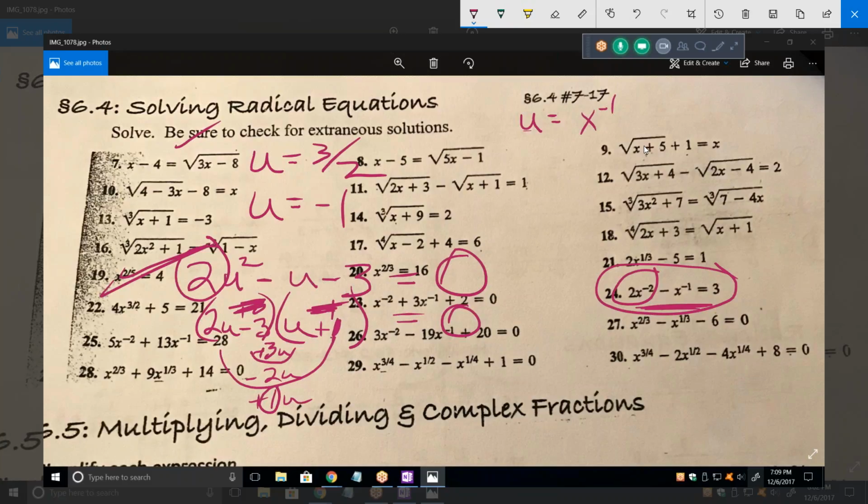So that means x to the minus 1 is equal to 3 halves, which means 1 over x is equal to 3 halves. You can solve that. X equals 2/3. And also x to the minus 1 is equal to our other solution, which was minus 1.